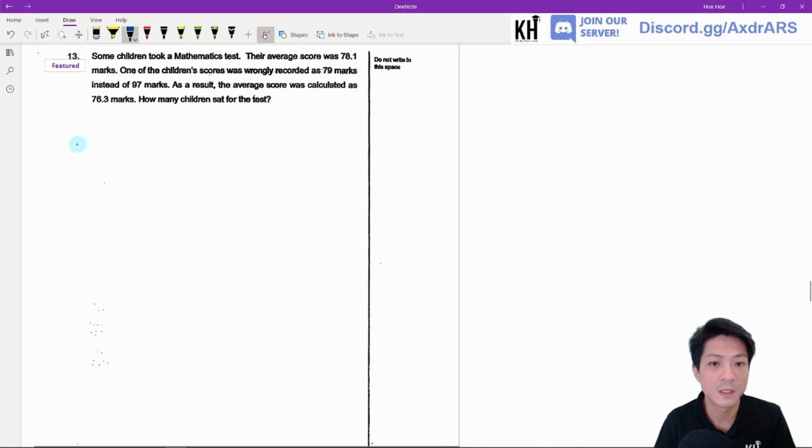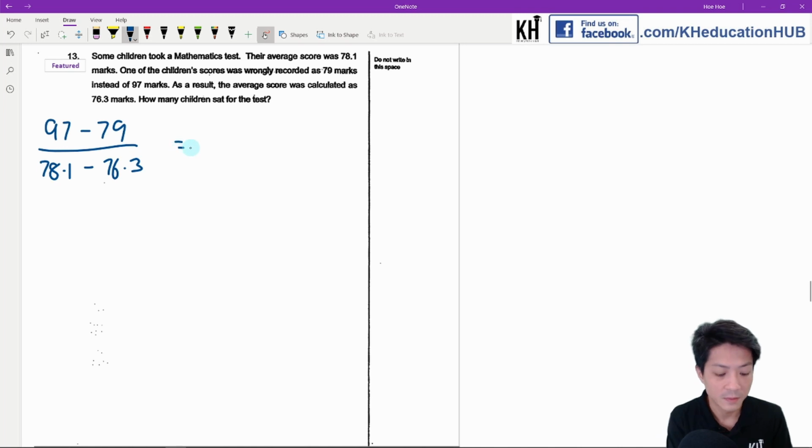Okay, so for this question, you need to find the difference between the correct marks and the wrong marks. And you divide it by the difference between the average score, which is 78.1 minus away 76.3.